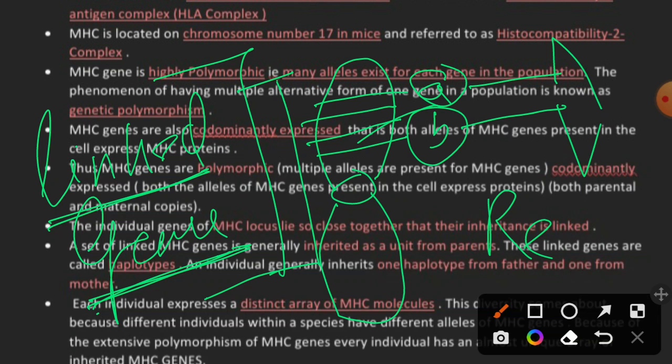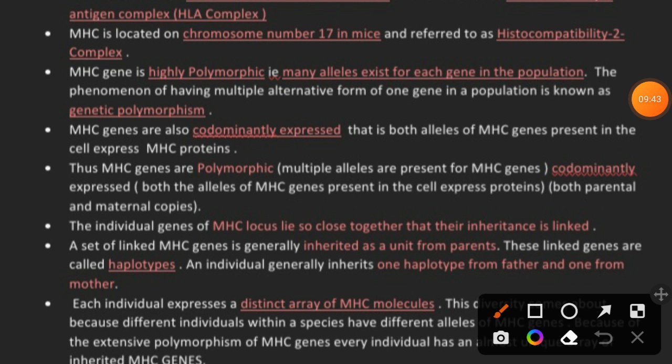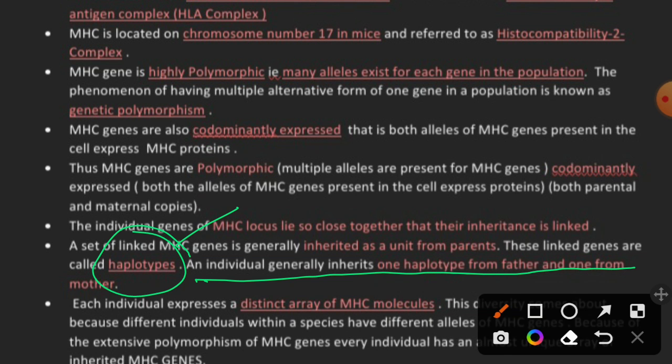So MHC genes are linked genes, and that is why they are inherited as groups from parents. These groups or units are known as haplotypes. An individual generally inherits one haplotype from the father and one from the mother, that means one MHC gene group from each.